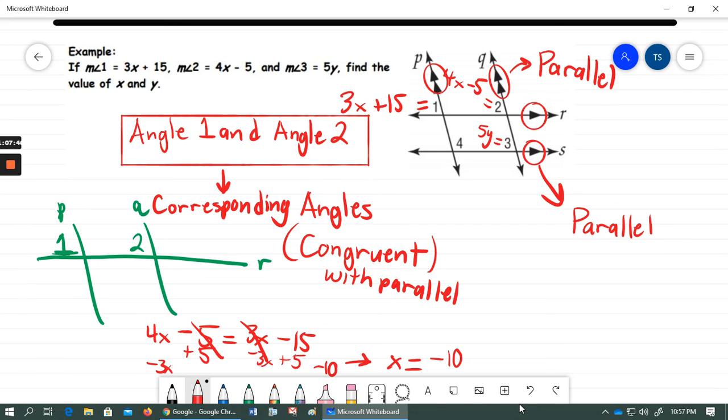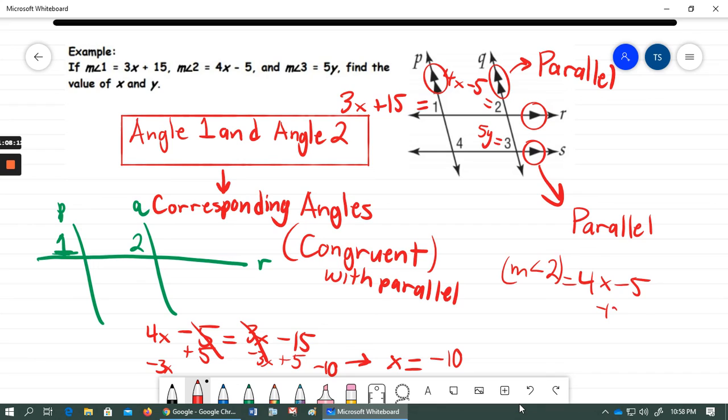Guys, I didn't come up with this problem. Seriously, but that would actually cause these angle measurements to be negative. All right, the measure of angle 2 is 4x minus 5.